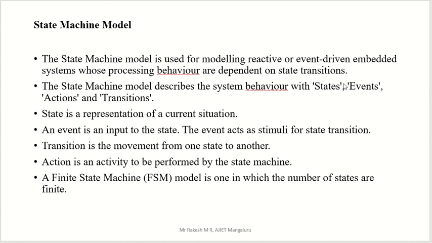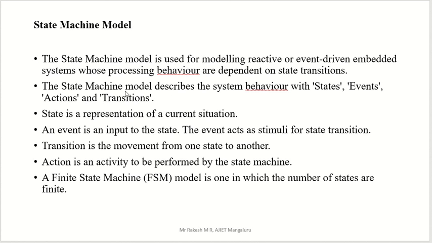Events are the input for the state. If that event occurs, then only the state will change. Then we have action, the action or activity to be performed. Then we have transition. Transition is movement from one state to another state. That is a transition, a change.